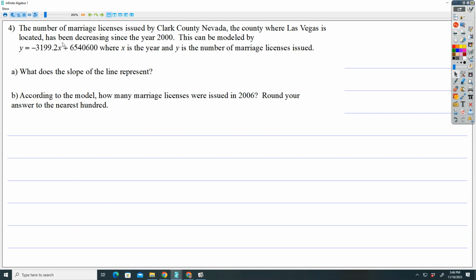Okay, so x is the year and negative 3,199.2 represents how it's decreasing each year. Remember, slope is the change. So we're always going to start with saying the slope is the change. This whole function represents marriage licenses.